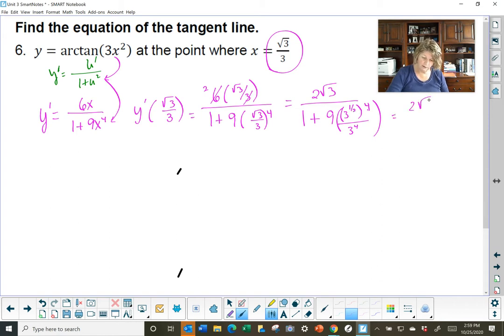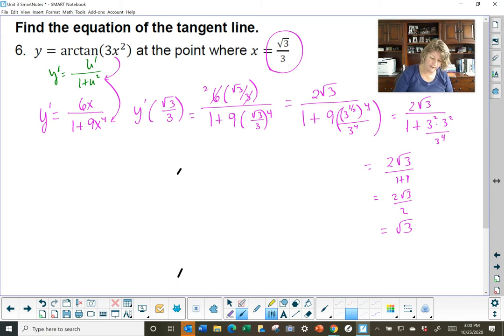So I've got 2 root 3 over 1 plus 9 could be written as a 3 squared. And then 3 to the 1/2 raised to the fourth is multiplying those exponents. That's a 3 squared over 3 to the fourth. Oh, that's a 3 to the fourth over 3 to the fourth, which makes 1. So I've got a 2 root 3 over 1 plus 1. Oh, 1 there. Gets me a 2 root 3 over 2. Would you believe this comes out to be just a root 3 for its derivative?